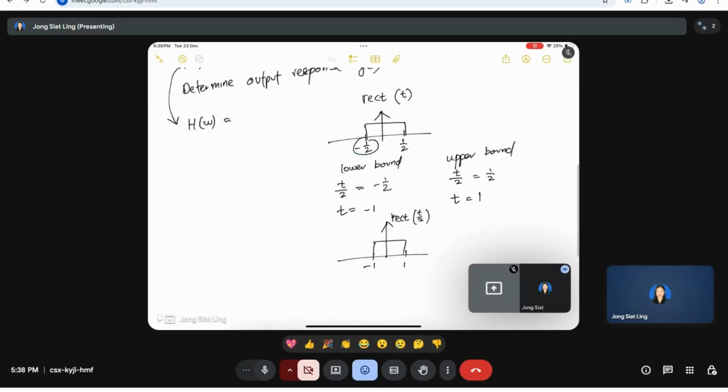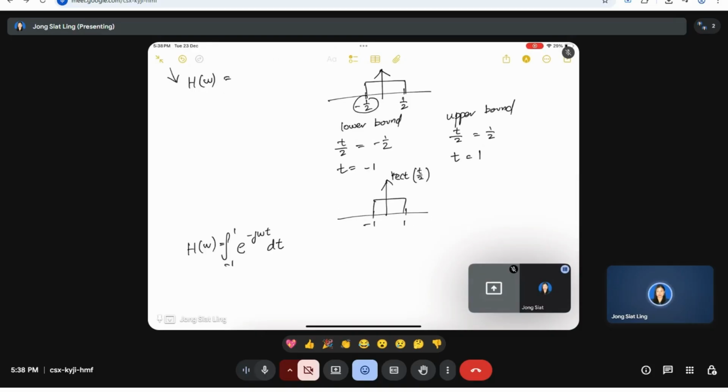So H(omega) is the integral from negative 1 to 1 of e to the power negative j omega t dt. If you integrate e to the power negative j omega t, you get e to the power negative j omega t divided by minus j omega, from negative 1 to 1.